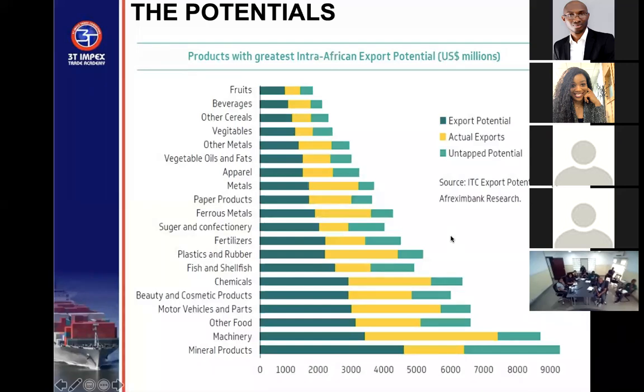Look at some of the products with untapped export potential according to AfCFTA. Fruits, beverages, vegetables, apparel, paper, metal, sugar, fertilizer, plastic, rubber, fish, chemicals, beauty and cosmetic products, motor vehicles, another food item.